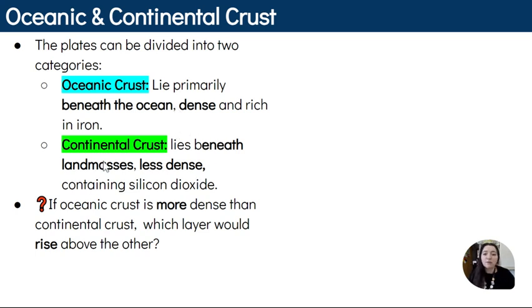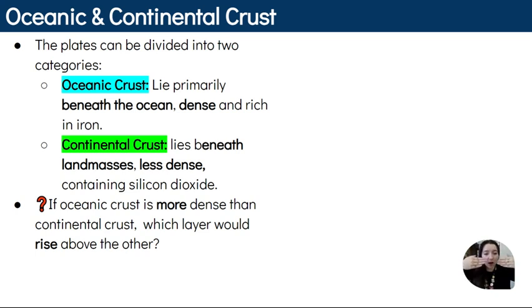So if oceanic crust is more dense than continental crust, which layer would rise above the other if they were to intersect? So you have oceanic crust and continental crust coming together, because remember, the mantle underneath them is liquid. It's causing the crust plates to move in different directions. And we're going to have a name for those different directions in a second.